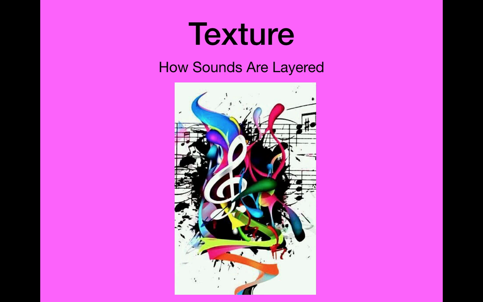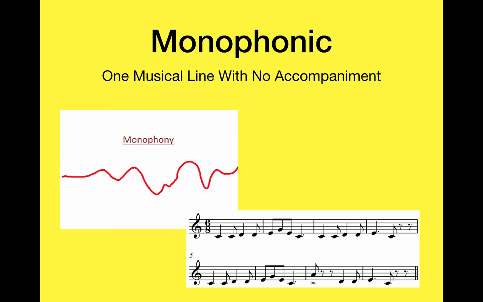Now, texture is how sounds are layered. We can have a piece of music that is monophonic, where it's one musical line with no accompaniment. The only thing you hear is the tune. That is it. Only the tune. Here's this little tune.